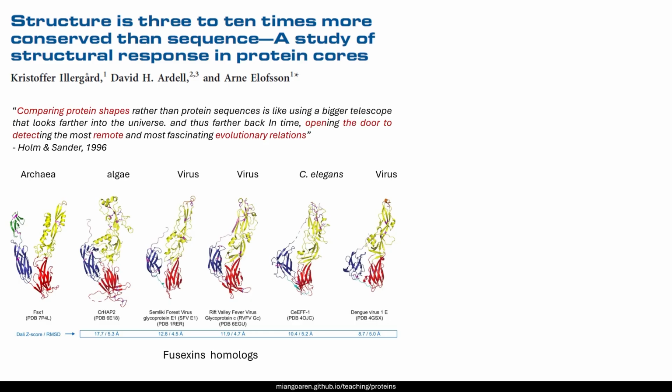As you can see, despite the millions of years of evolution that occurred, the shape is really preserved, which is even quite artistically represented by this particular quote, from Holm and Chrysander, who point out that comparing the shapes of proteins could be seen as using a large telescope that allows us to explore the universe, because it opens the door to being able to observe, detect the deepest evolutionary relationships that exist despite the billions of years of evolution that could have occurred between different forms of life.